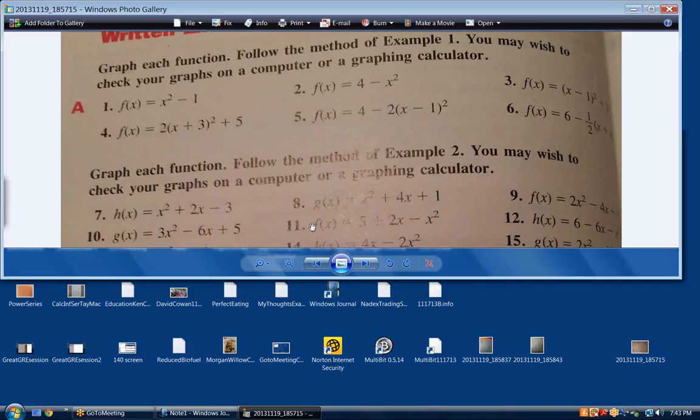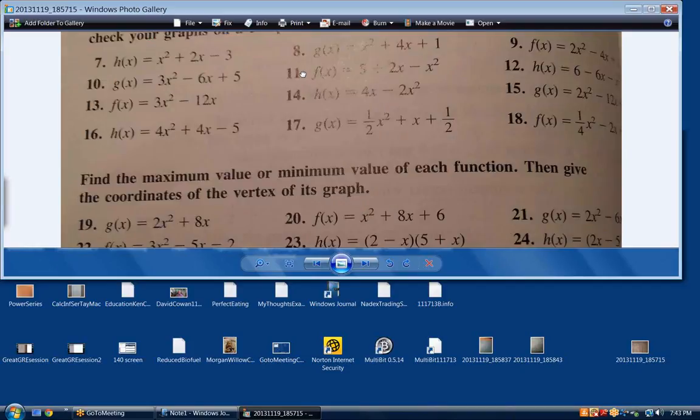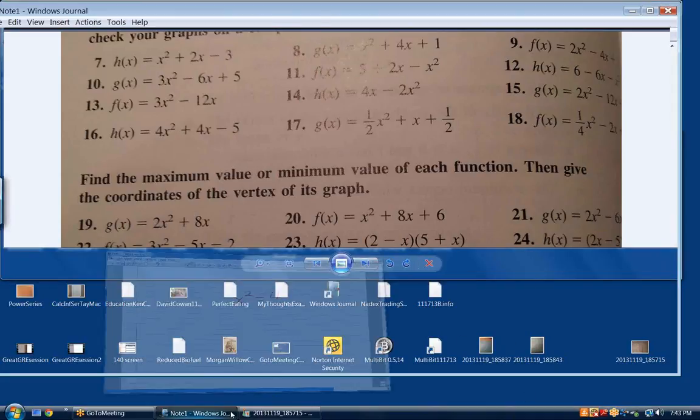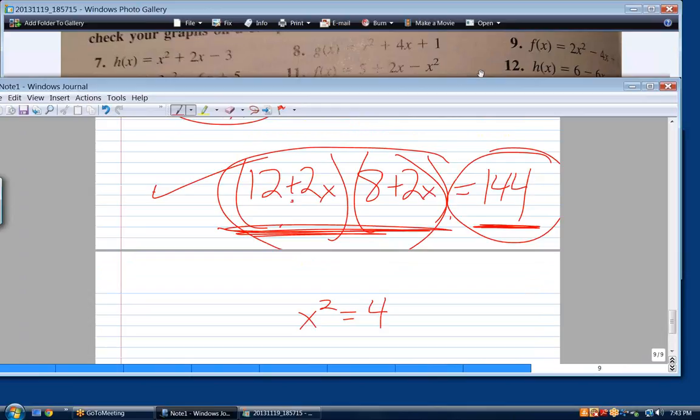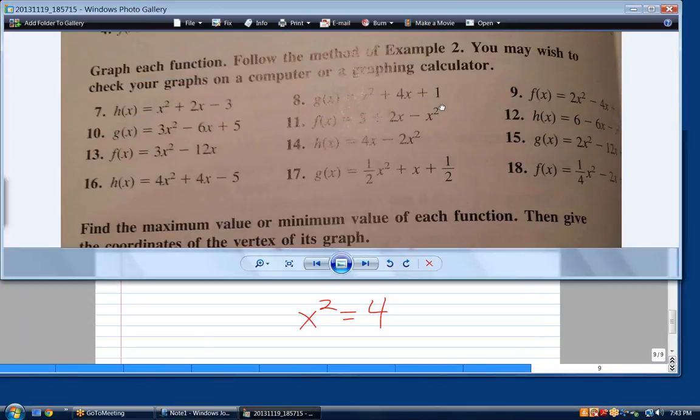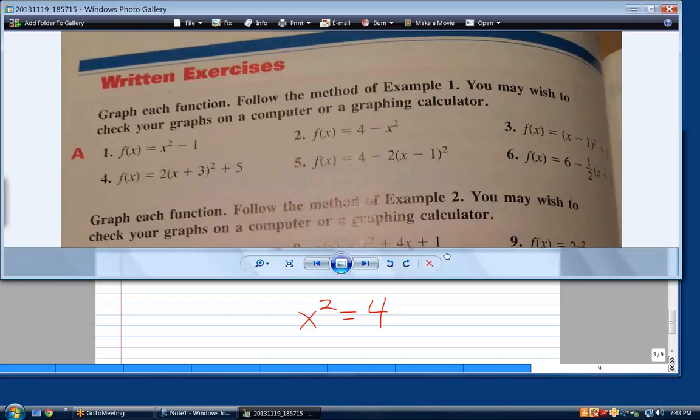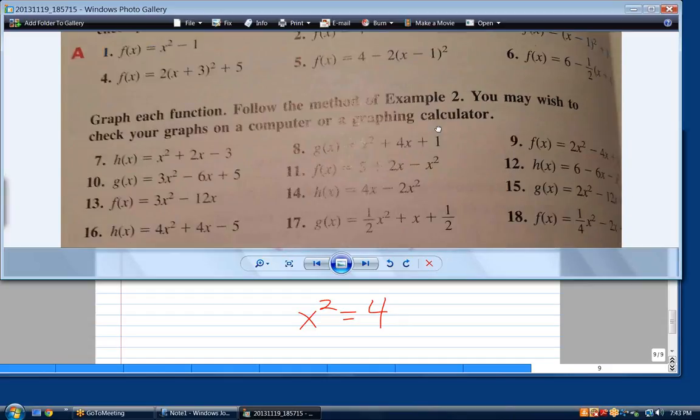Number 7, and we're supposed to go odds through 35. What are we doing here? We are graphing each. You may wish to check your graphs on a computer or graphing calculator. Follow the method of example 2. Actually, hold on.